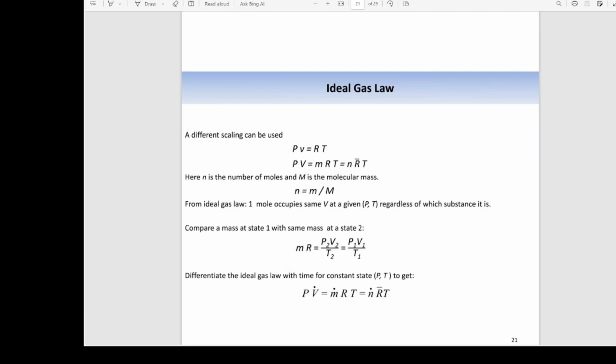So if we look back at this form of the equation, what we'll notice is if we divide both sides by T, since M times R is a constant throughout the process, we must have a constant.